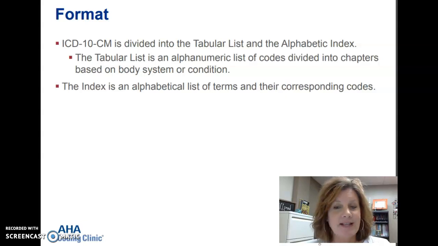This is where we look up the diagnosis code, and then we double check it in the tabular list. If you want to tab that or look at it in your book, pause the video and check it out. Your tabular list is alphanumeric codes, divided into chapters based on the body system. The index is how we look them up to go to our tabular.